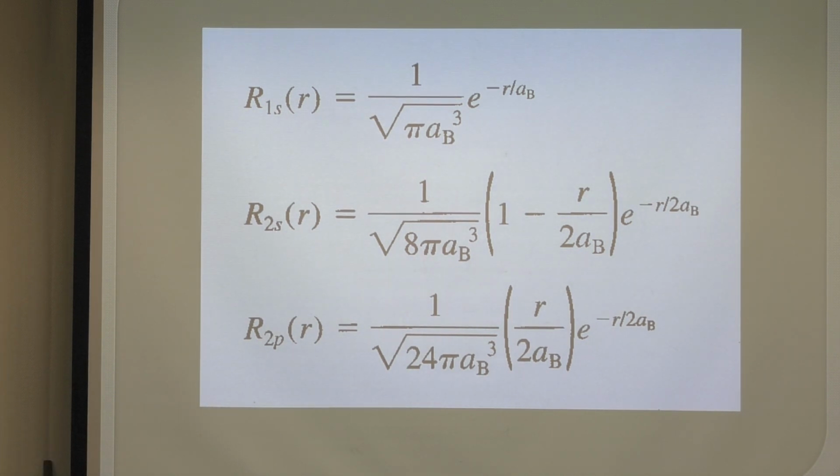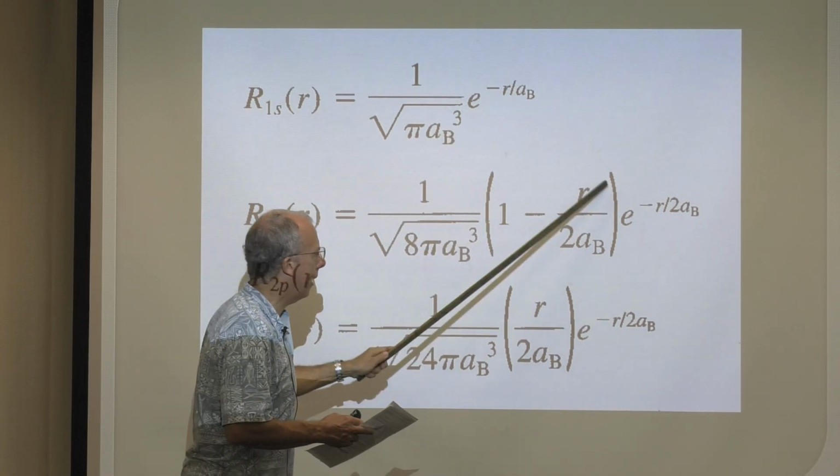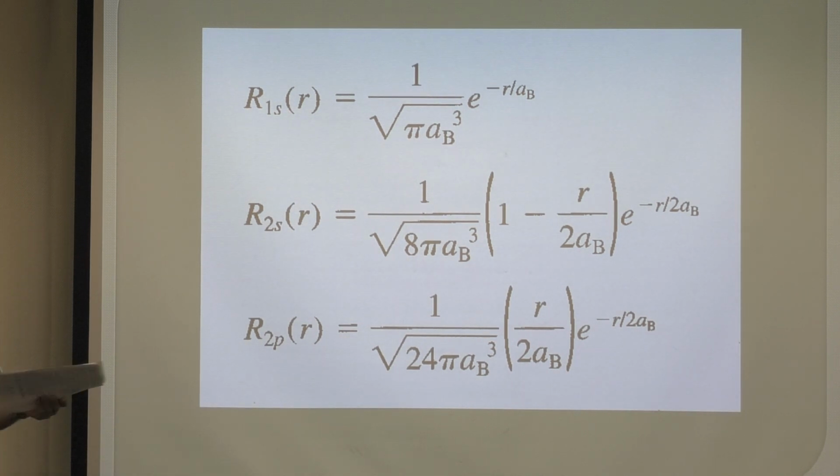Now, what do you notice? I mean, don't memorize these or anything like that, but what do you notice? You notice this part, right? And what does that imply? We've seen that before. Tunneling, right? Tunneling. So that's kind of interesting.